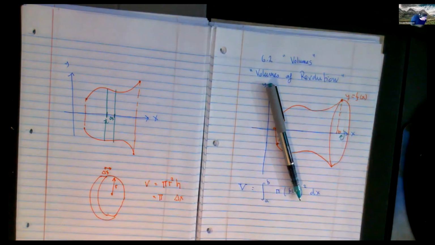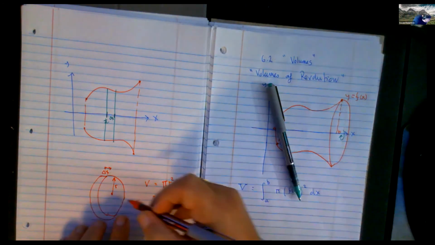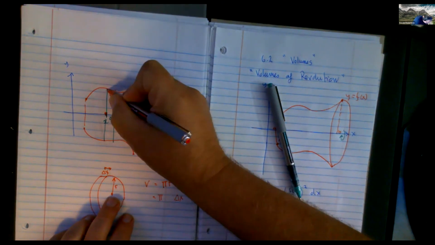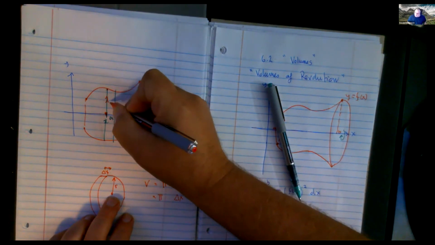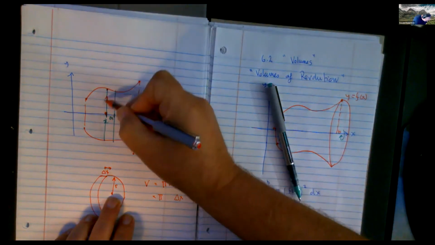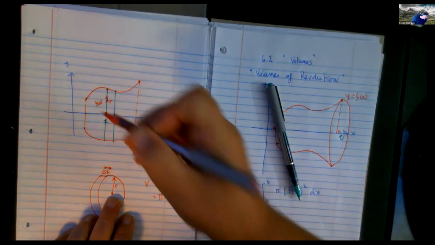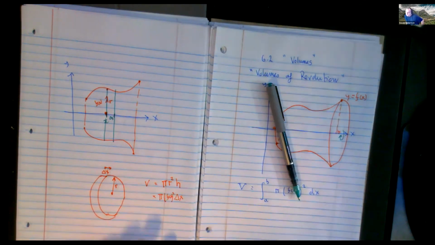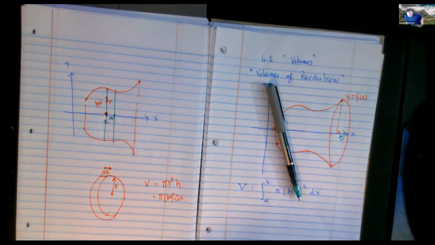Now, the radius is the distance from there to there. Isn't that my radius? Well, wait a minute. Isn't that distance actually the value of the function at x? Now, that guy is him.